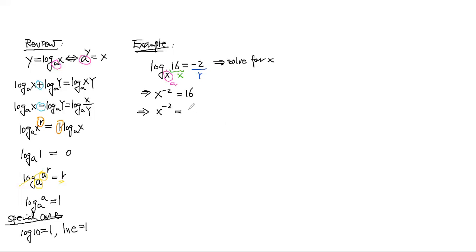Here, 16 is 4 squared, correct? But I need the same exponent, so I can say 4 to the 2 is equal to 4 to the negative 1 times negative 2.